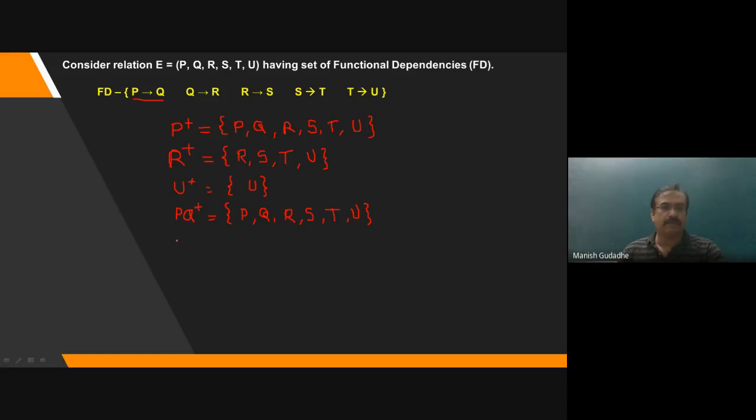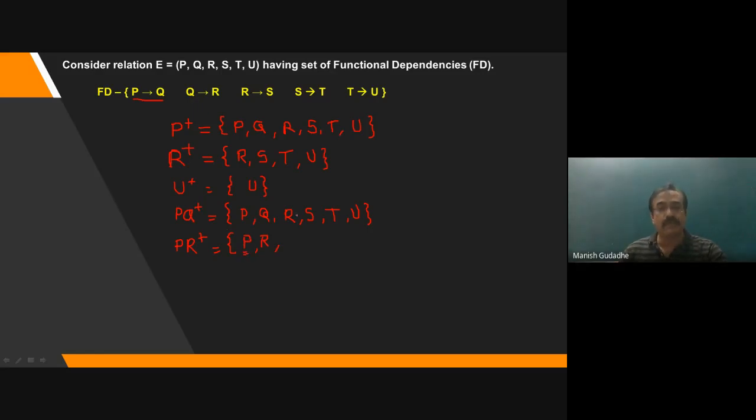Let us go for one more, PR plus. So what can P determine? PR can determine P and R, the trivial dependence. Now what all can P determine?